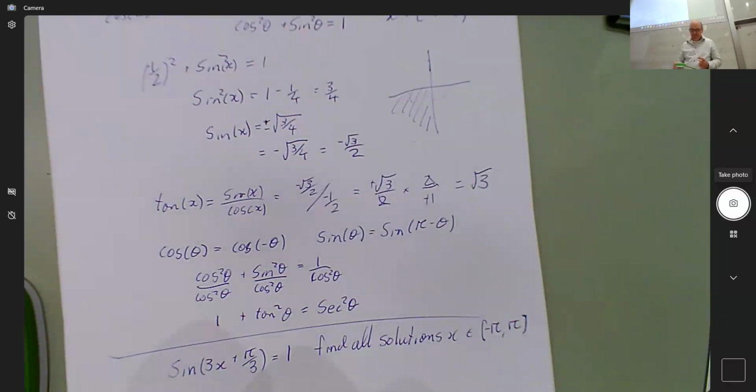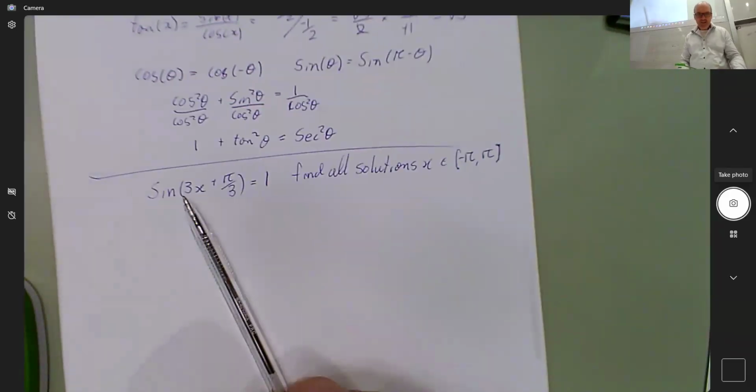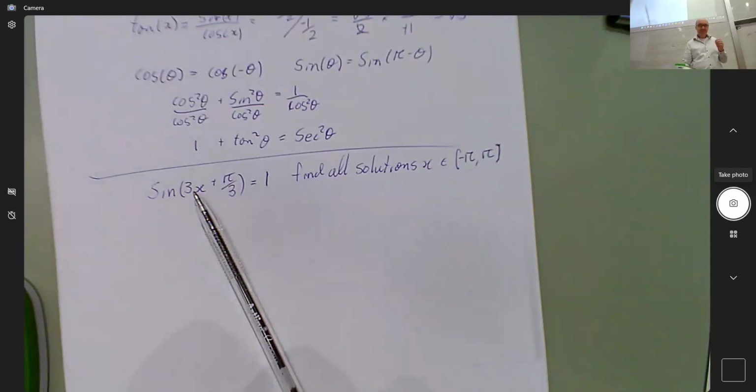Okay, I've given myself a 2 pi range. That 3, sine 3x. What is that doing to my life?